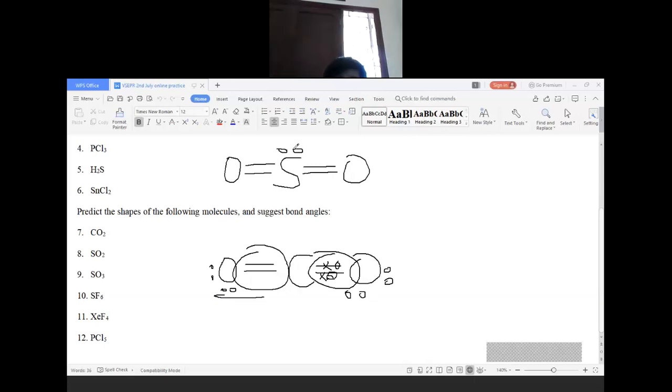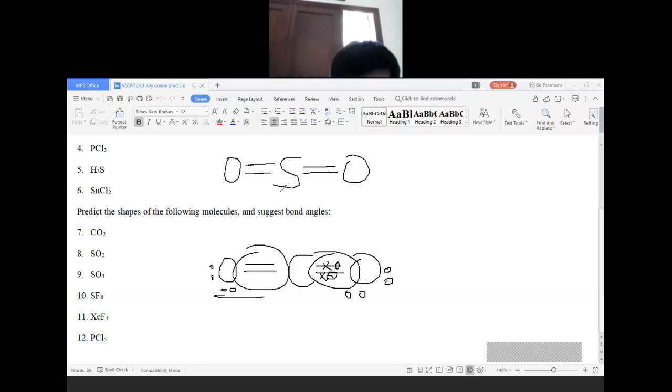It is bent, just like SnCl2, bent with an angle of 119 degrees, V shape. And then how about SO3?